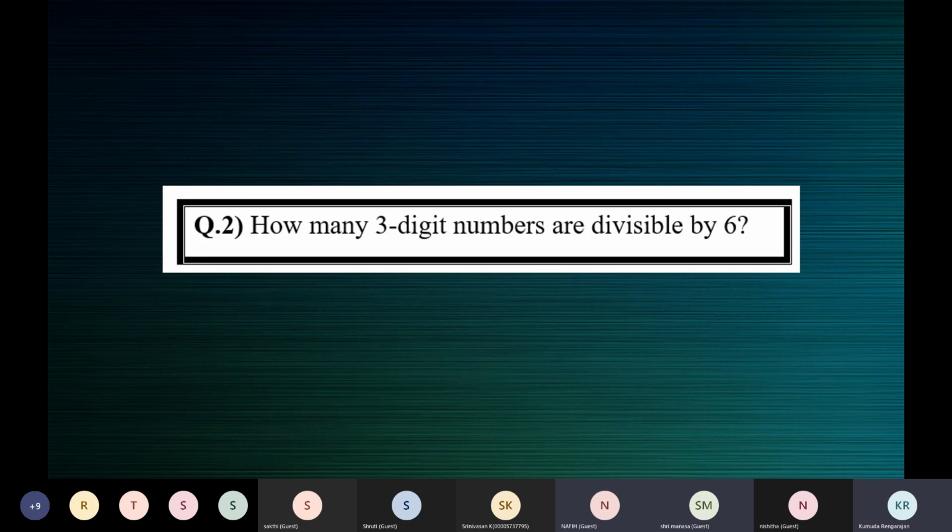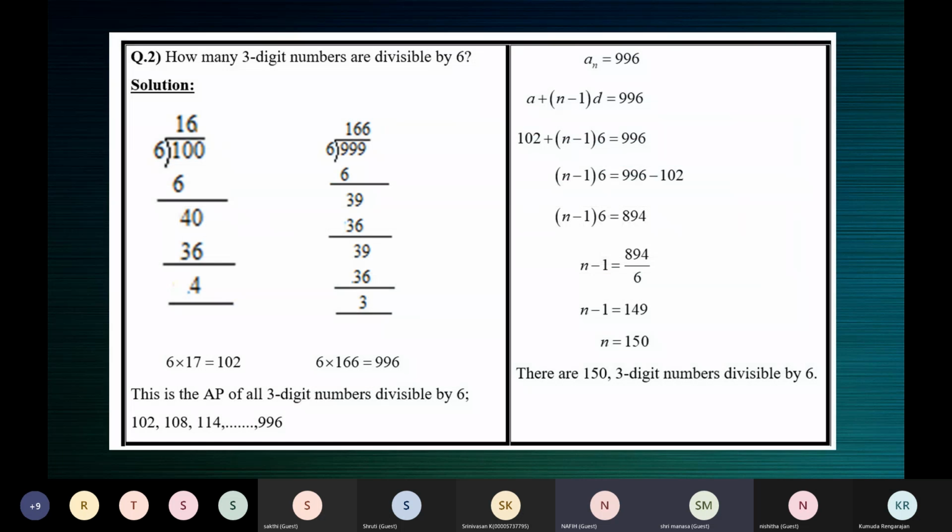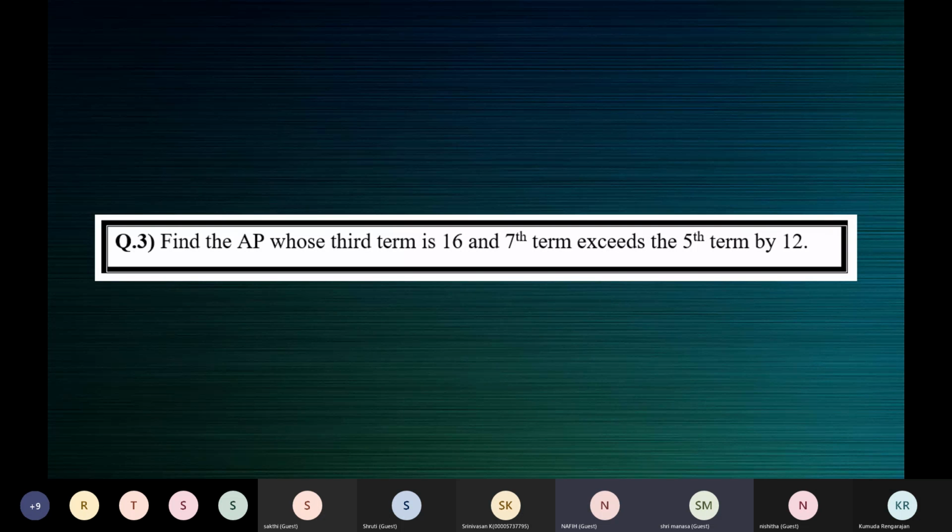All right. This one also homework. How many 3-digit numbers are divisible by 6? Homework.